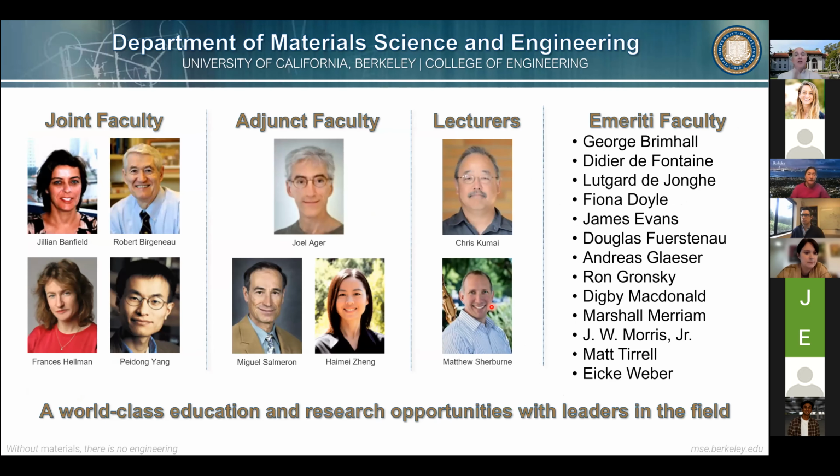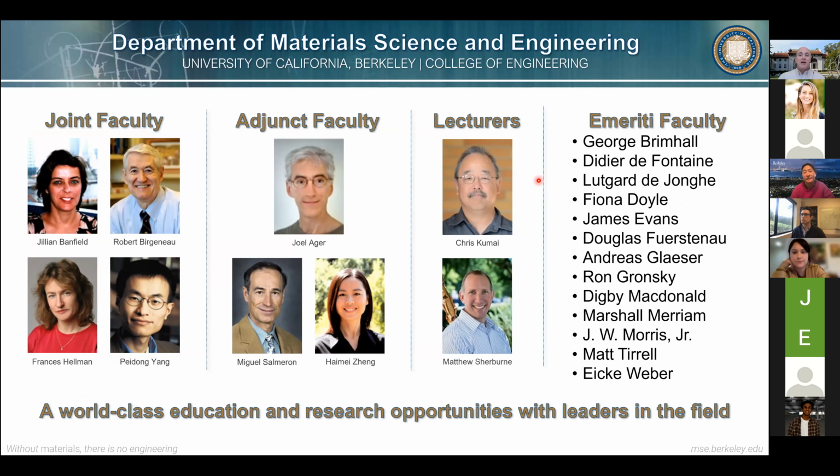We also have additional joint faculty. These are faculty members whose primary appointment is in another department. It could be physics, or a number of these folks are in physics and chemistry and things like this. We have adjunct faculty. These are faculty members who have their primary appointment at Lawrence Berkeley National Lab, who are expert scientists in different areas and then come to teach courses with the students and can even take students and do research with them as well.